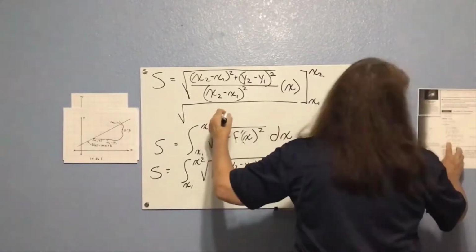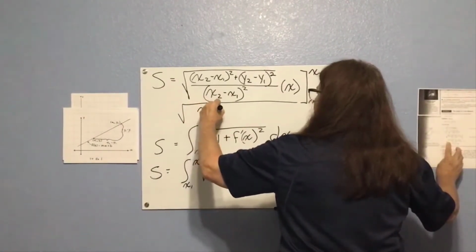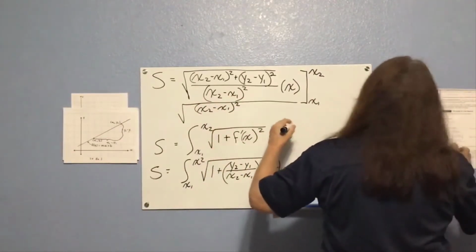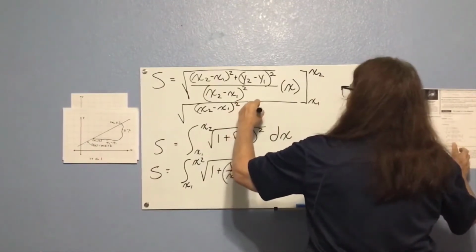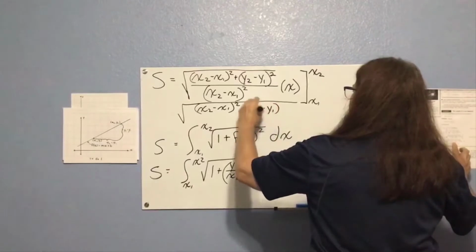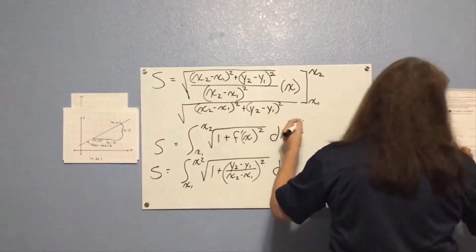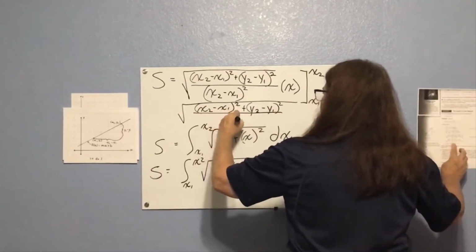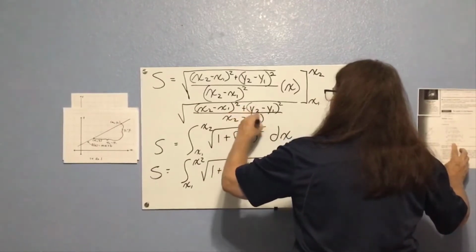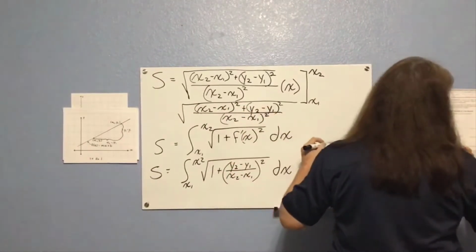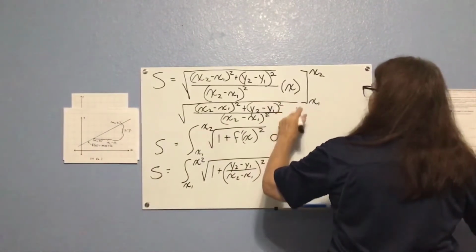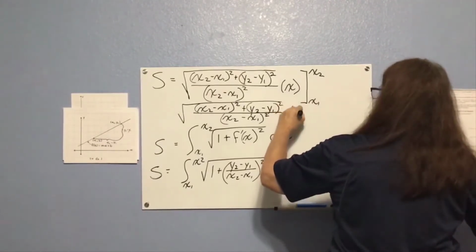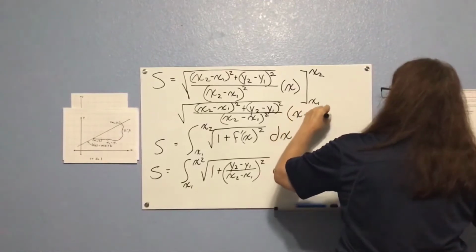Continuing on, this is going to be x2 minus x1 squared plus y2 minus y1 squared divided by x2 minus x1 squared, and then outside of the square root we're going to have x2 minus x1.